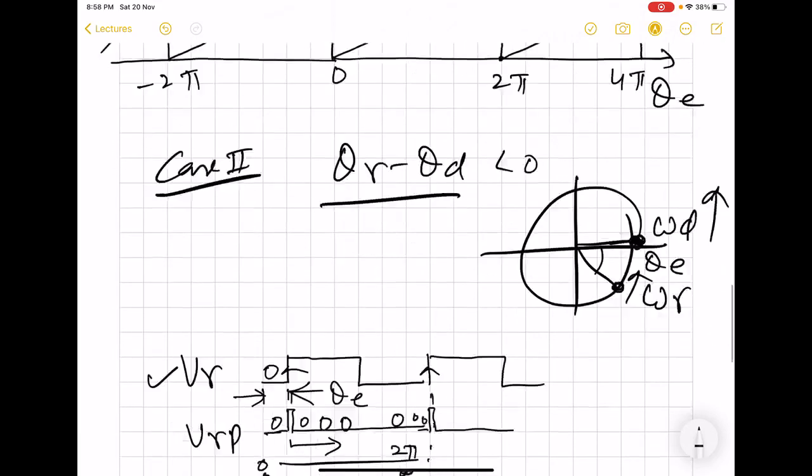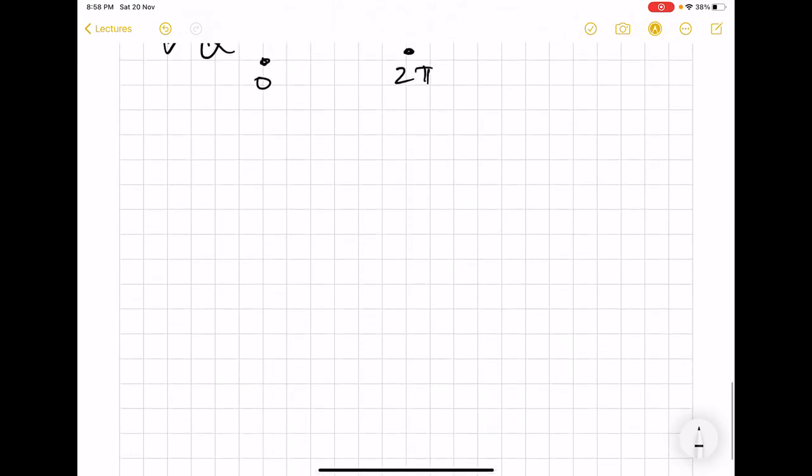Now we are going to talk about the second digital phase detector, which is much more versatile compared with this SR latch based one, and it has a wider range also. This one is called the phase frequency detector.